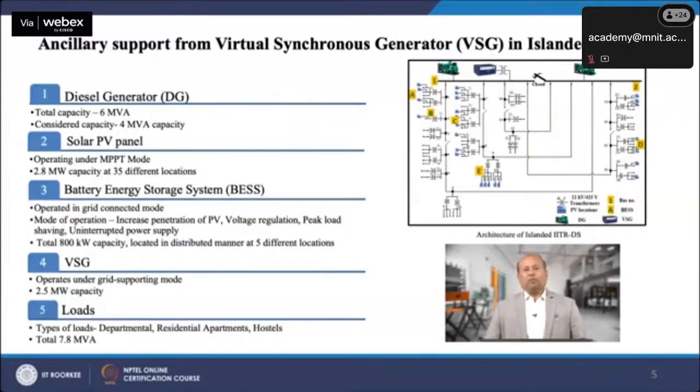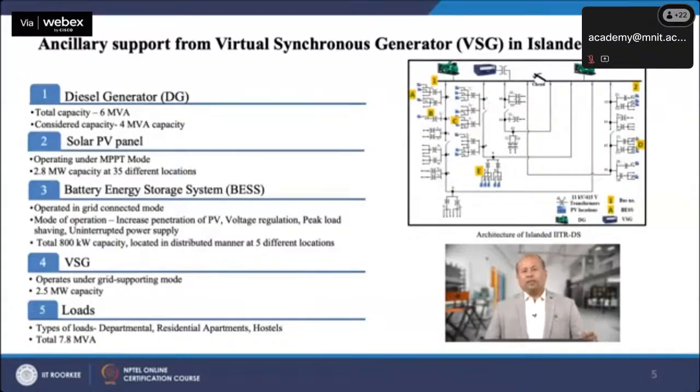Also, solar PV panels of 2.8 megawatt capacity and a battery energy storage system of close to 800 kilowatt capacity are expected to be installed, but during the simulation we consider that the 800 kilowatt storage system is in place to be utilized.